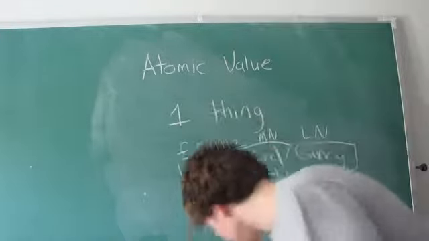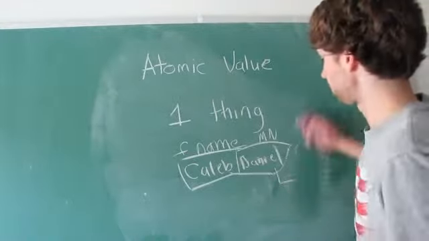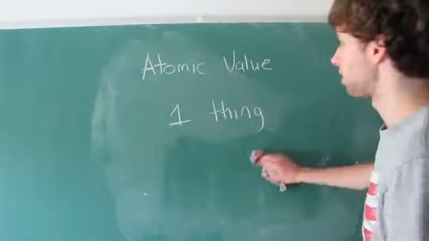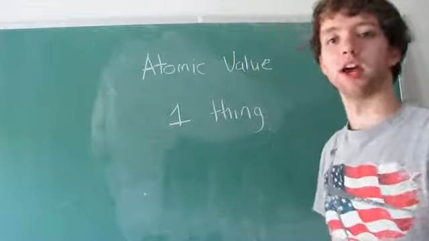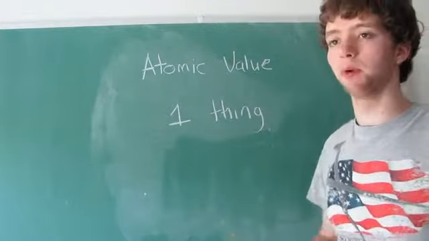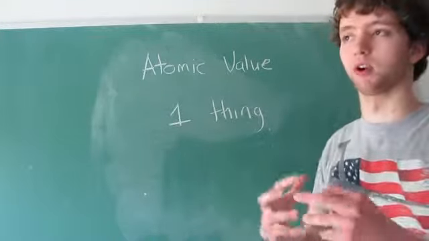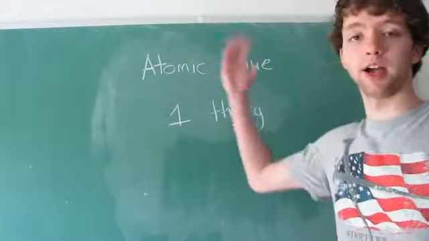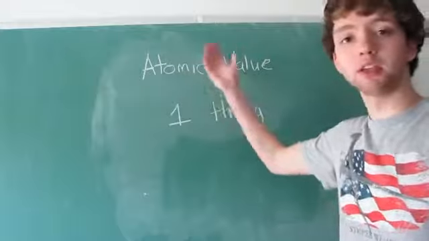Alright, so when we do store things in a database, we want to try to make them atomic. Now, we don't want to go to the extreme where we break everything apart to where it doesn't even make any sense. But just think of like atom. An atom, atomic.